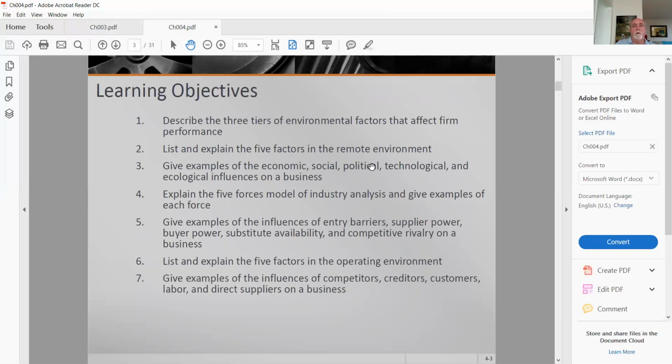Chapter 4, environmental factors affecting firm performance. Again, thinking in the two groups that we have in here. If I further delineate you from business and CIS into, say, network security, programming, apps and things of this nature, and the others, whether you're finance, accounting, marketing, or sales, what are the environmental factors that you interact with and understand how they affect the firm's performance?